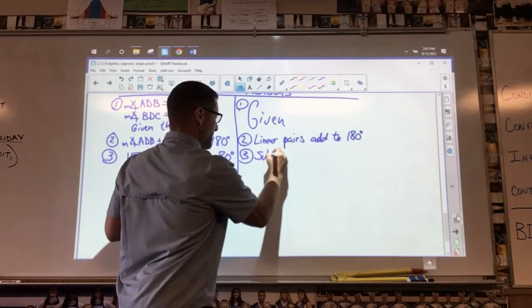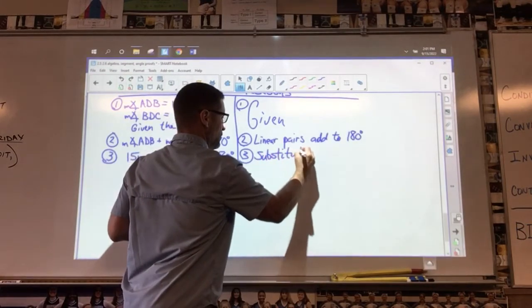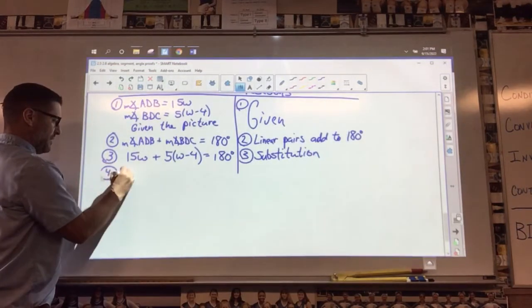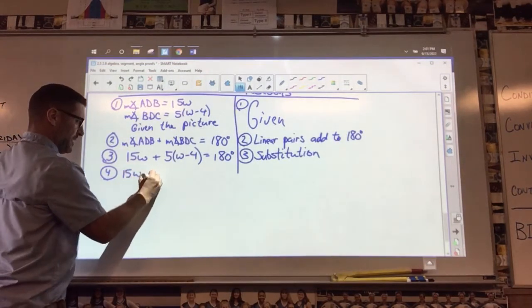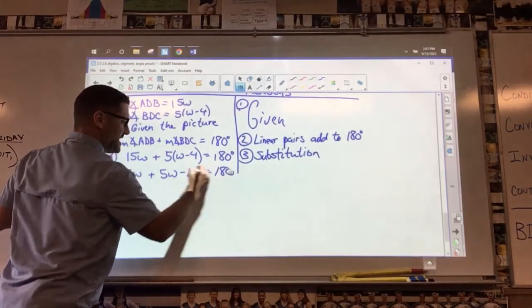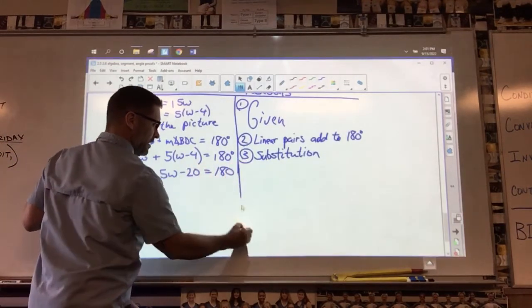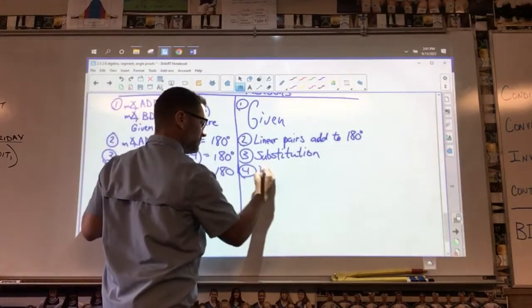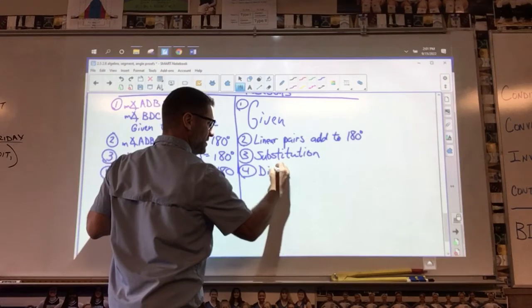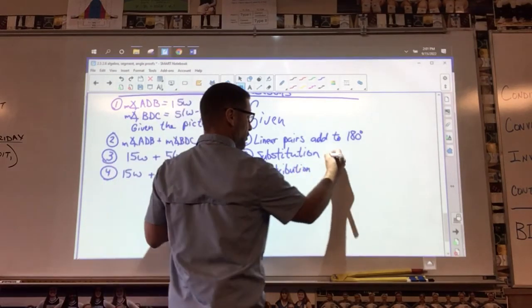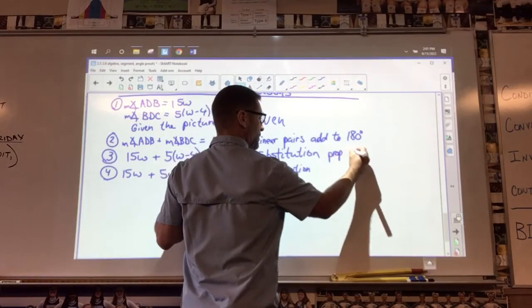So I'm gonna write substitution, and then you should have gone 15W plus 5W minus 20 equals 180, and on that one I used distribution, and these are both properties of equality.